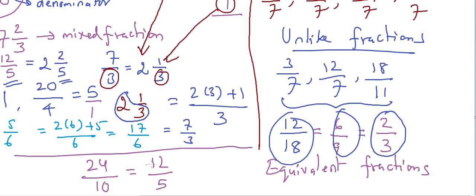So 24 by 10 simplified becomes 12 by 5, or as a mixed fraction it becomes 2 times 5 is 10, remainder 2, so 2 and 2 by 5. Okay, so now we have seen different types of fractions, or different terminologies involved in fractions.